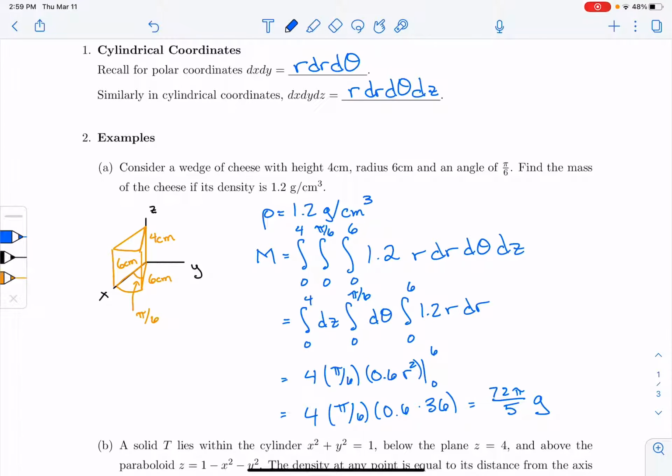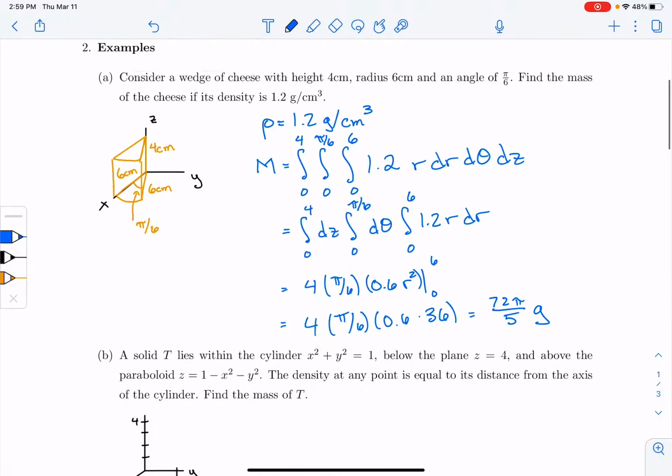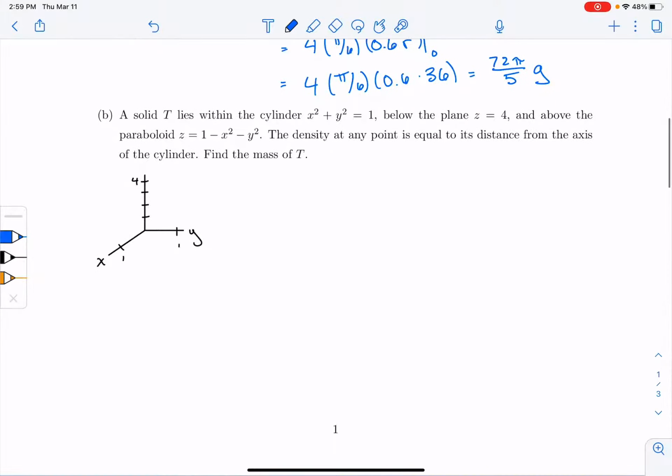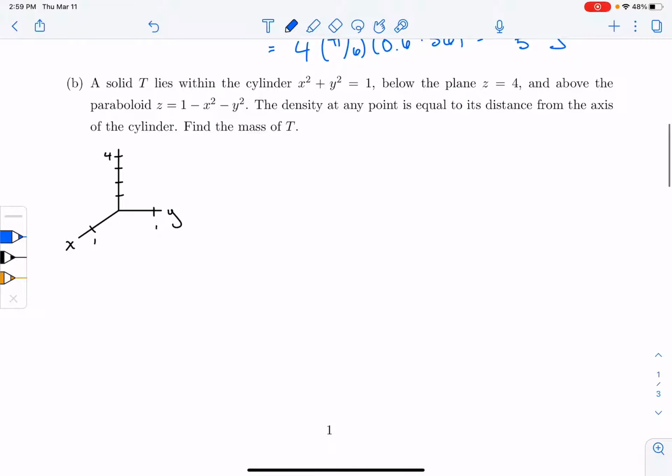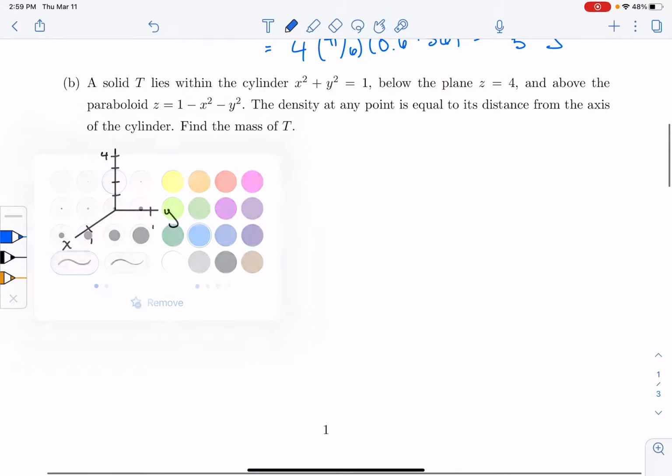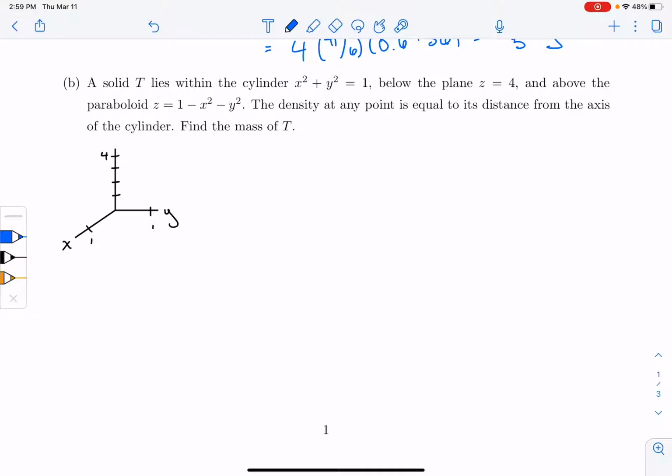Let's do another example, but this example I'm not going to specify in cylindrical coordinates originally. It says a solid T lies within the cylinder x squared plus y squared is equal to 1. So the first thing I want to do is draw this cylinder of x squared plus y squared equals 1 in the xy plane.